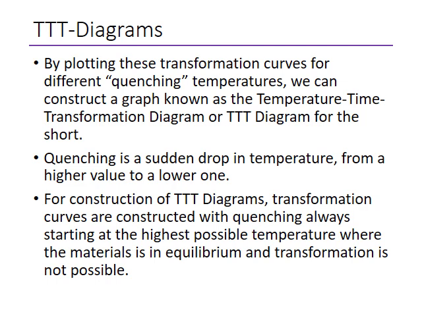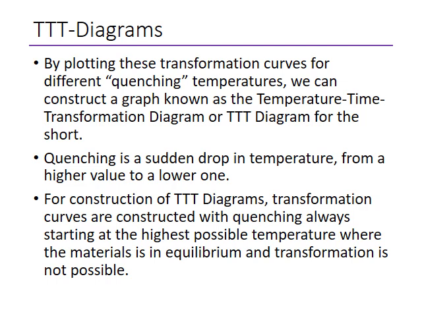So by plotting these transformation curves for different quenching temperatures, we can construct a graph known as the temperature time transformation diagram, or TTT diagram for short. Quenching means a sudden drop in temperature from a higher value to a lower one.